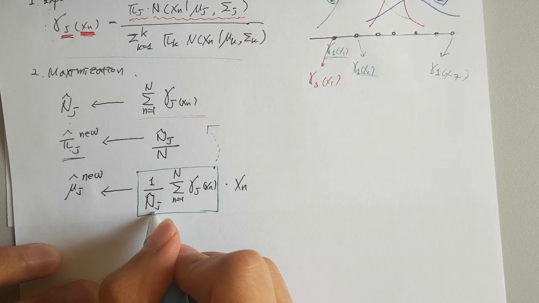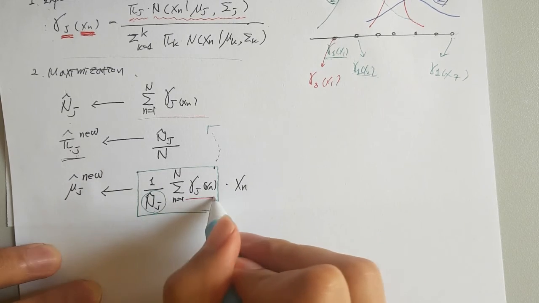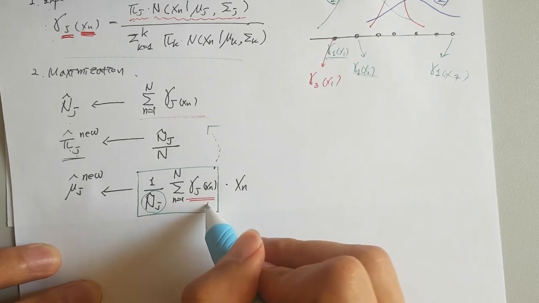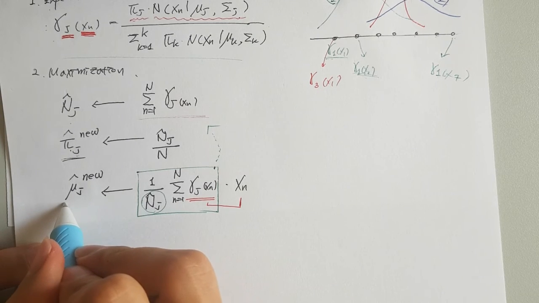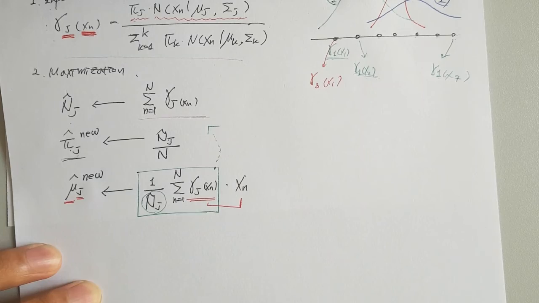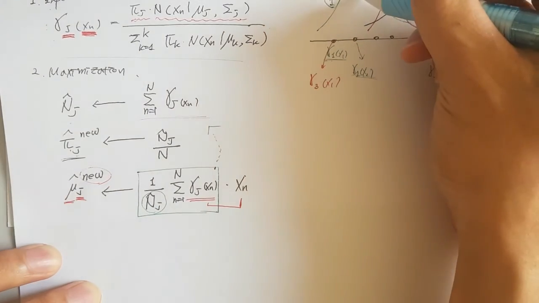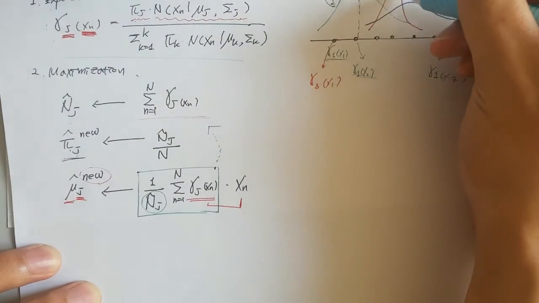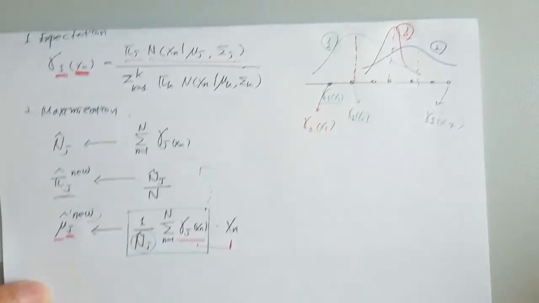So that's why we are using n here, and it is working as a kind of weight toward the data. So we can update our mean value of the j-th distribution. For example, this distribution, this mean, or this mean.